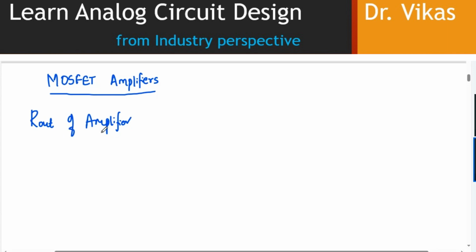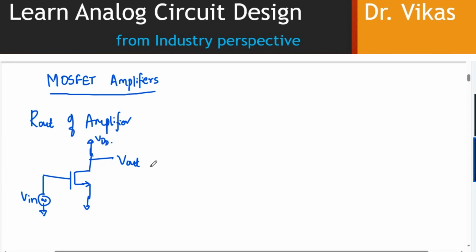So, simply speaking, if I have a simple amplifier, like for example, if I connect a simple NMOS with input over here and I try to take the outcome over here with this being your VDD.